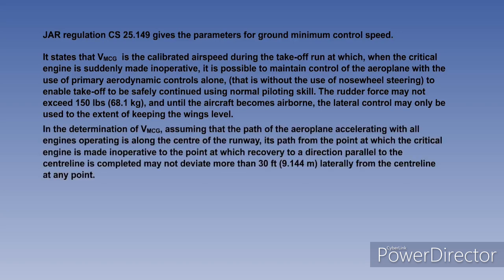In the determination of VMCG, assuming that the path of the aeroplane accelerating with all engines operating is along the centre of the runway, its path from the point at which the critical engine is made inoperative to the point at which recovery to a direction parallel to the centreline is completed may not deviate more than 30 feet or 9.144 metres laterally from the centreline at any point.